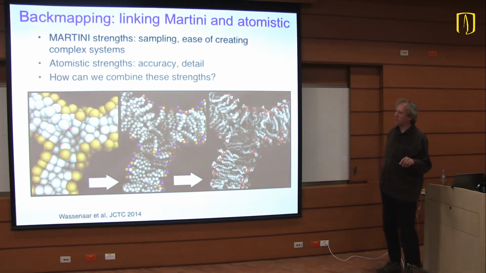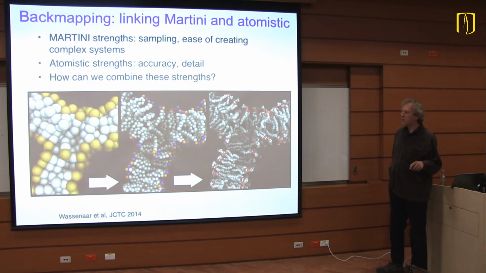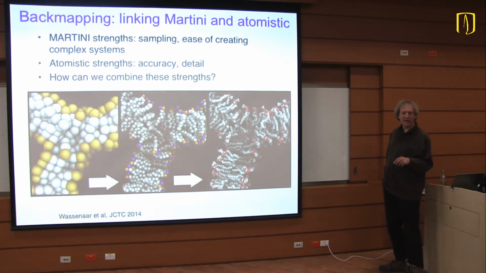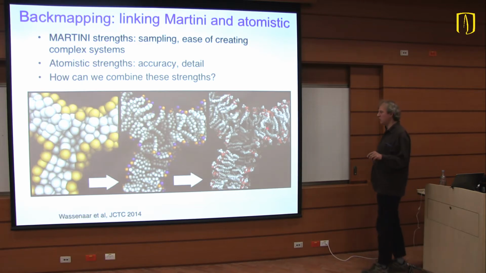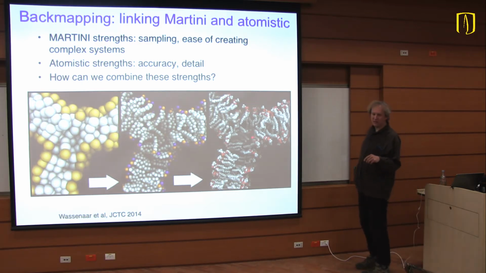But this is very simplified. You lose all chemical detail. But we've worked on protocols where you can actually go from this to this. And Martini would be an intermediate in this case, or from Martini to atomistic. So the idea is that you can do detailed simulations, and then if you want faster sampling, you could go to Martini. You could use Martini to sample lipids moving around or proteins moving around, and potentially go back to atomistic and ask for more detailed questions.